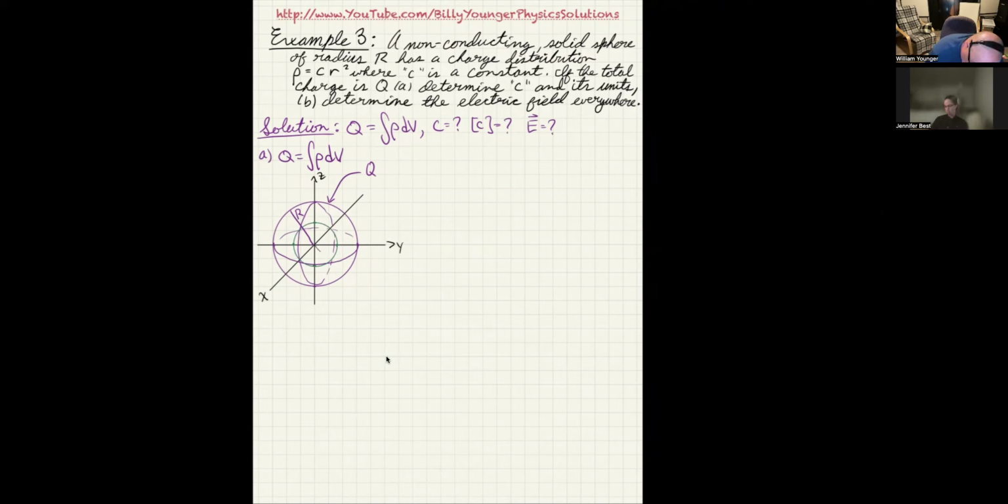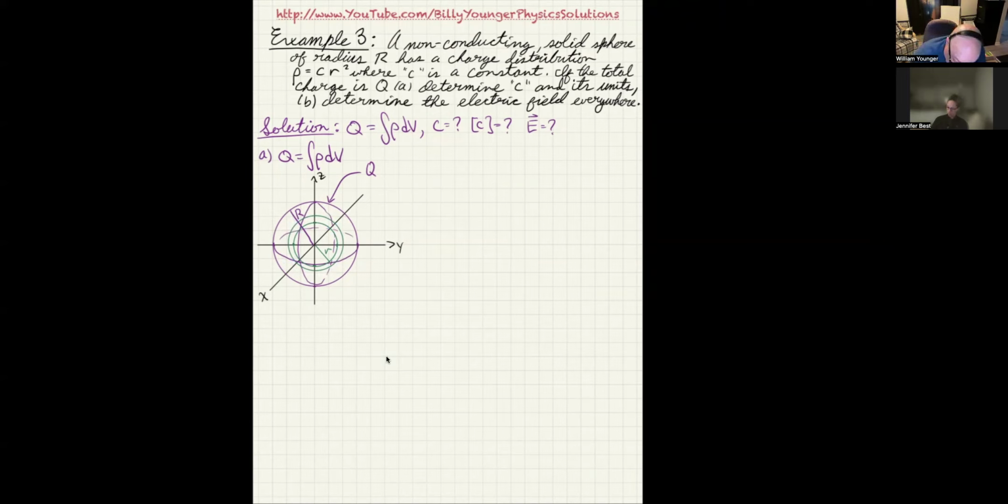This is the inside part, which has a radius of r. Now the outside part is going to have a radius of r plus dr, and therefore it's going to look like this. It got a little off, but I can try to fix it. Okay, that's cool. So that's the spherical shell we were talking about, and therefore the volume element is going to be 4 pi r squared dr.